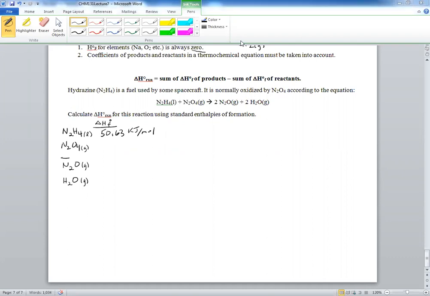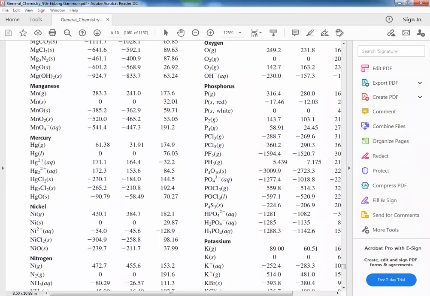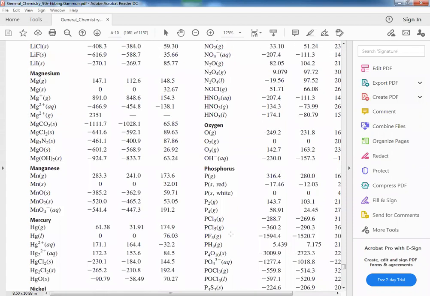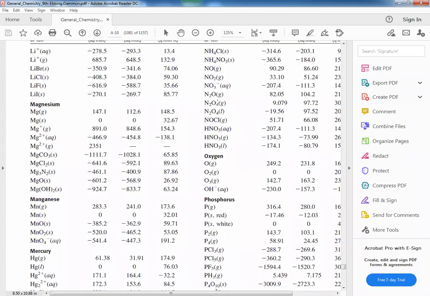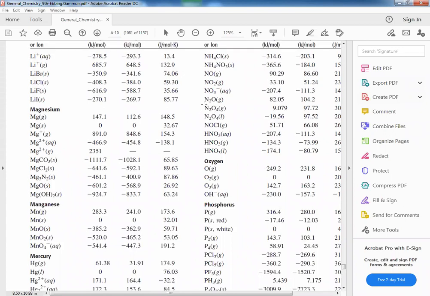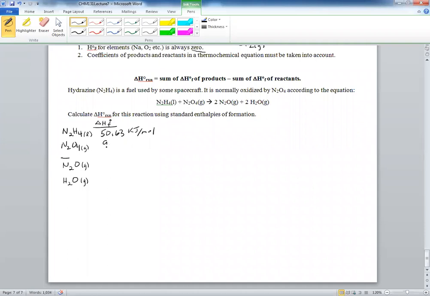Let's now go find N2O4. And it's gas that we're looking for. That's 9.079. N2O, it's right there actually, gas, right above it.